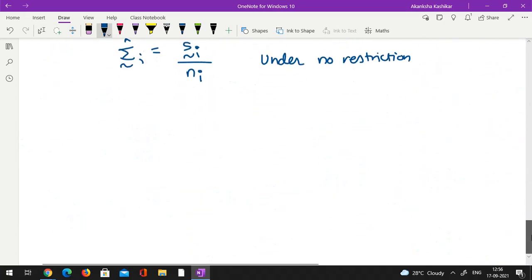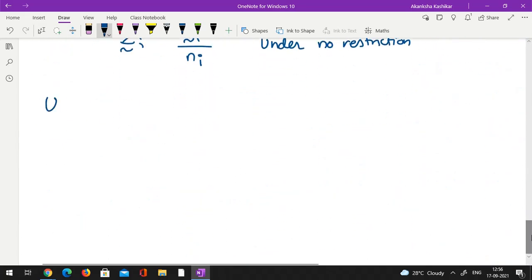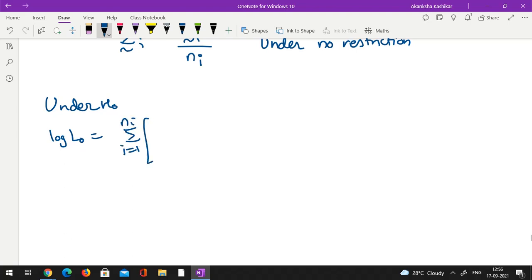Under H0, my log likelihood is going to be sum over i going from 1 to k of minus Ni p by 2 log of 2 pi minus Ni by 2 log of determinant of sigma.